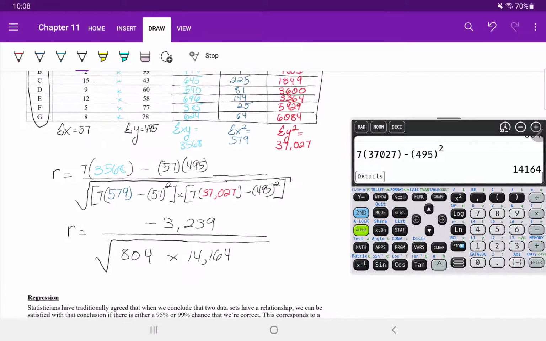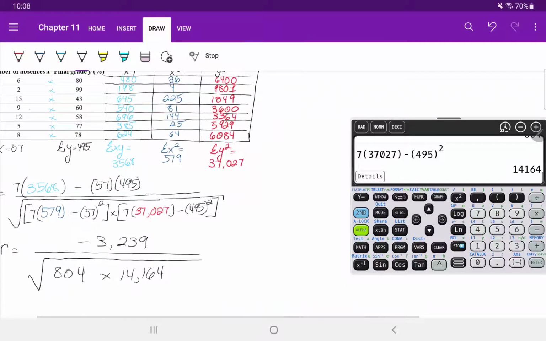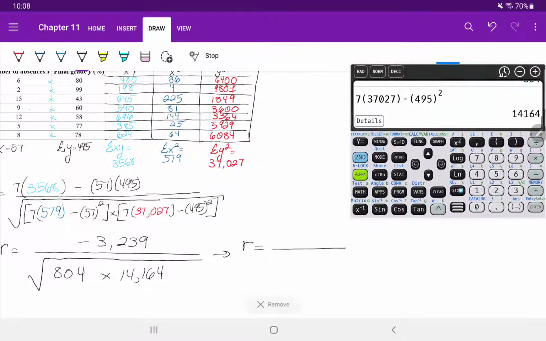Oops, I'm running out of room. So let me go over here. R is equal to, let's see, negative 3,239. Okay, let's do the square root. Second square root of 804 times 14,164.